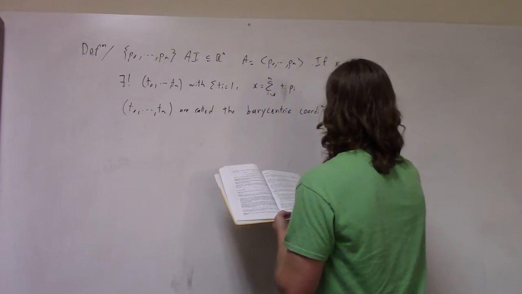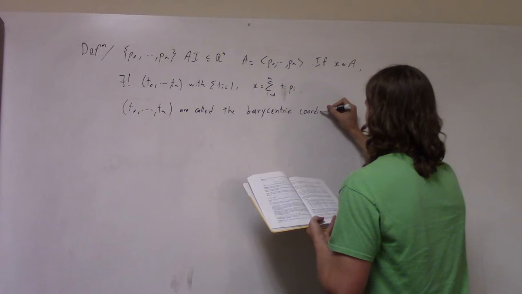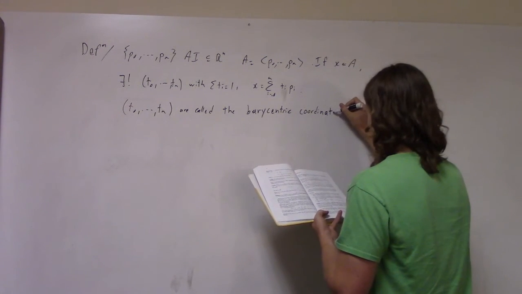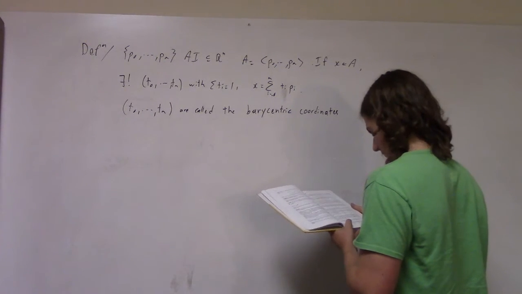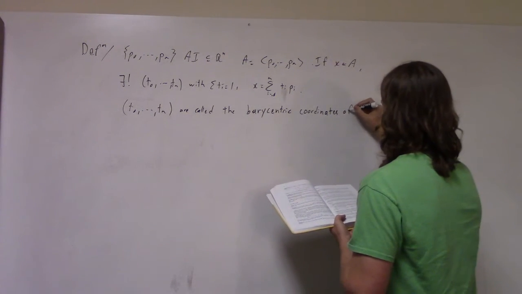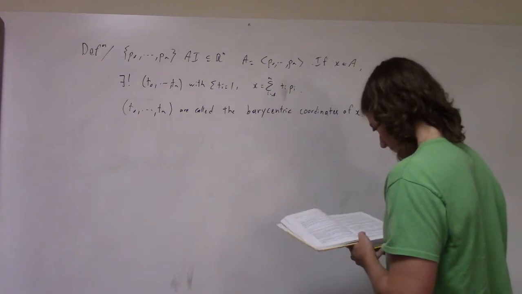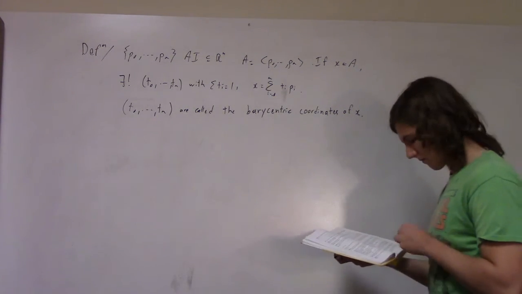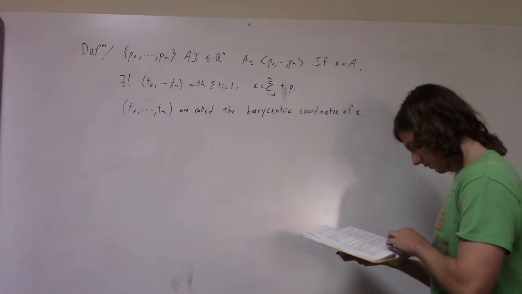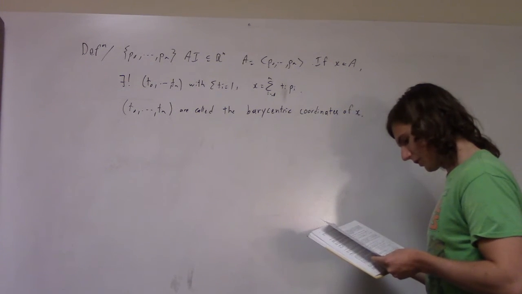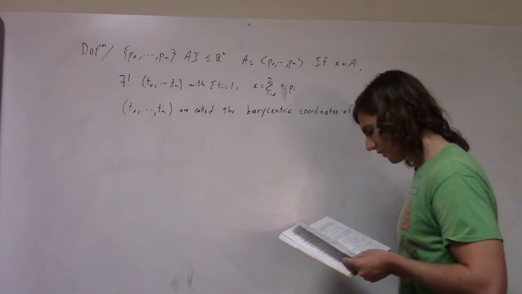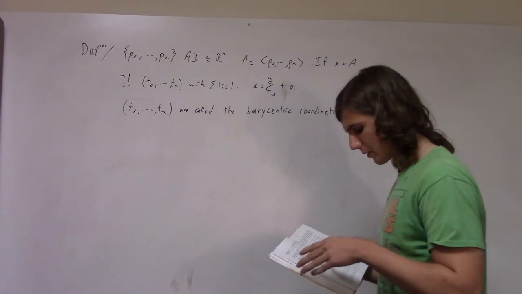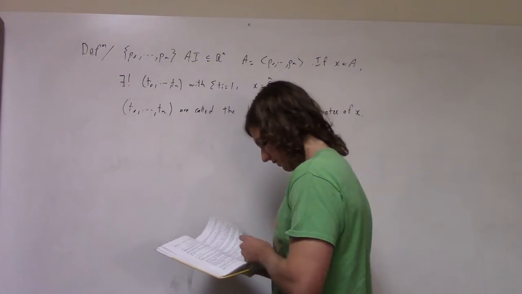I guess it's what it sounds like. Is it Greek? Sounds Greek. Yeah, from the Greek baros, meaning heavy. The barycenter actually represents the center of gravity, but I'm getting ahead of myself.